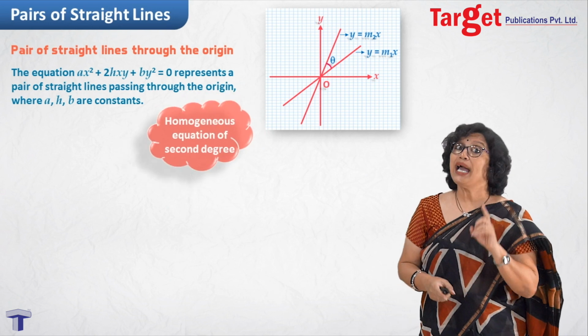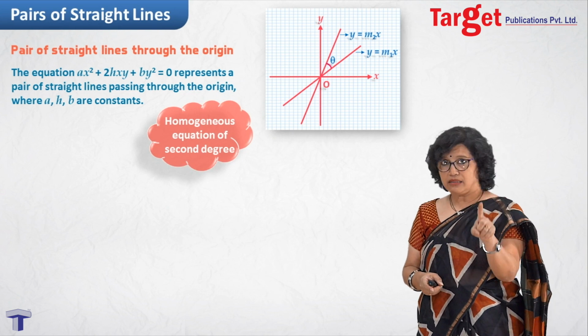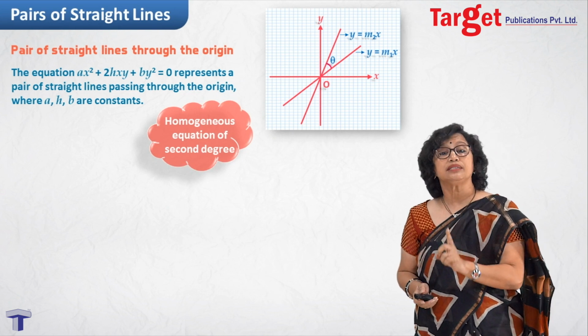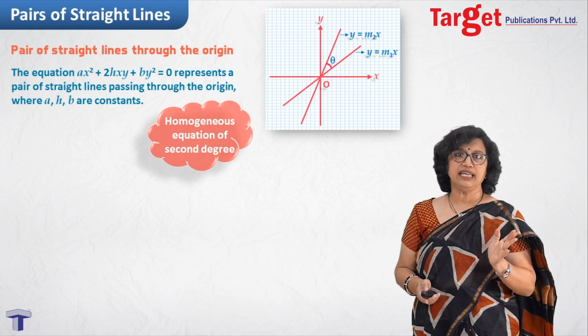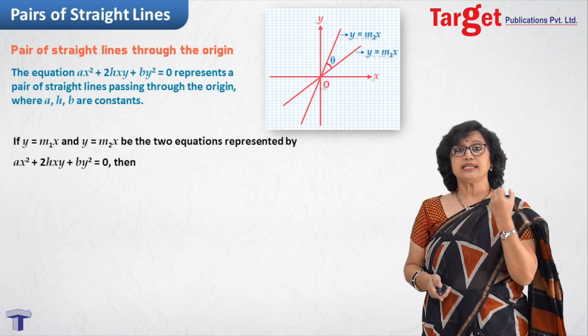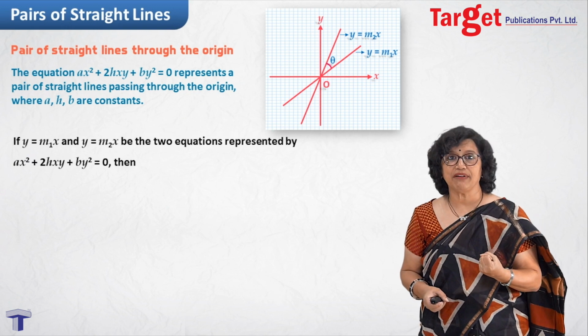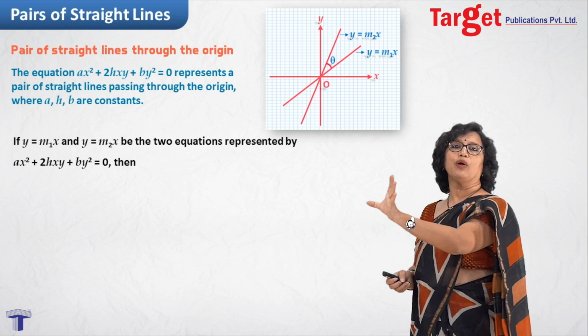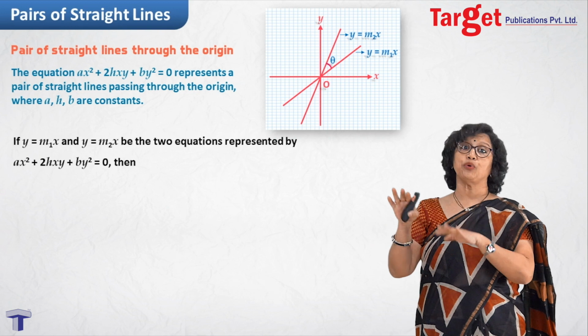And also, as I said, since each term had degree 2, this is going to be a homogeneous equation in x and y.